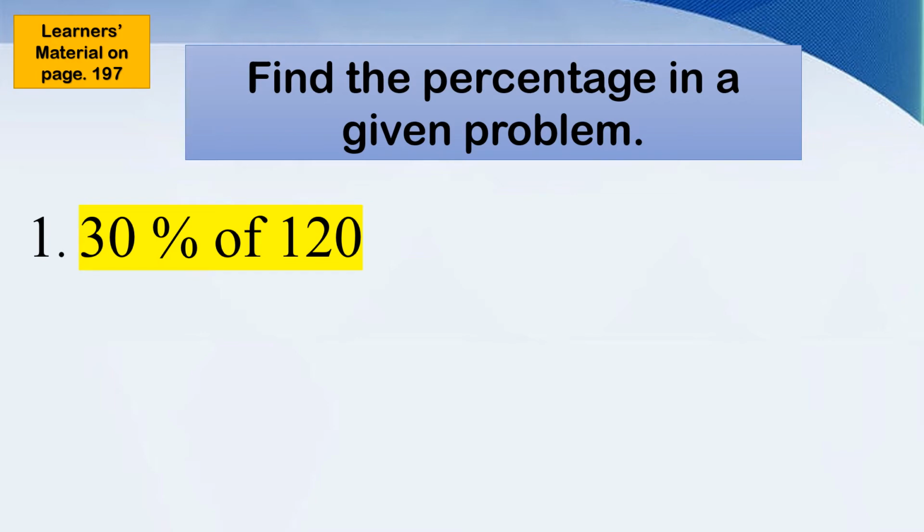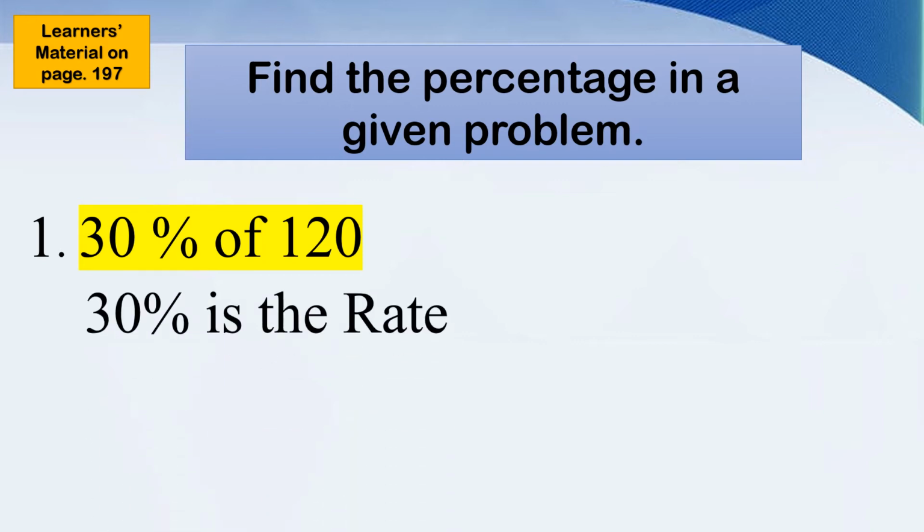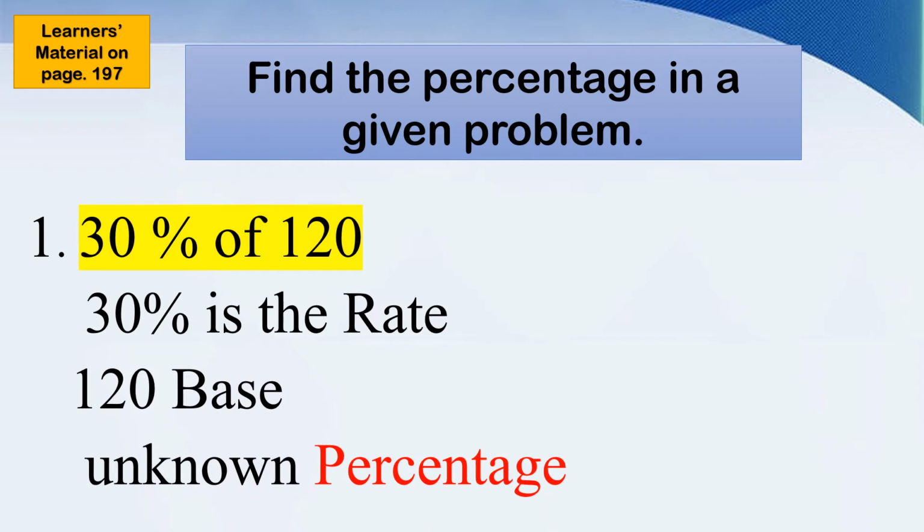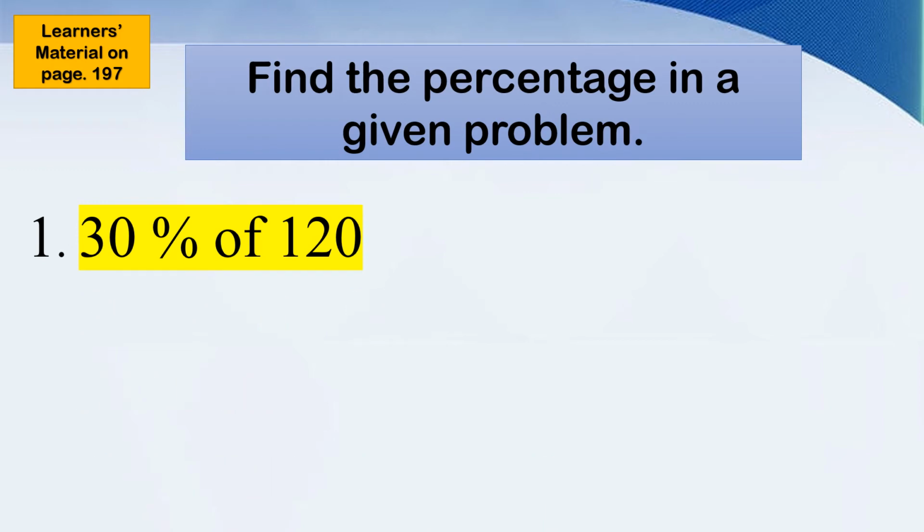Let us identify what are the given facts. 30% is the rate. 120 is the base. The percentage is unknown. How are we going to solve for the percentage? We should change the rate first to decimal before we apply the formula.